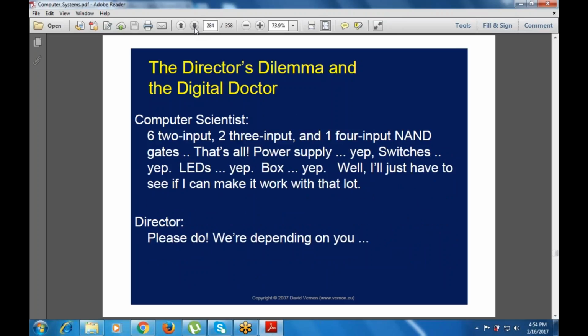Now there are 6 2-inputs, 2 3-inputs, 1 4-input, 9 gates, and that's all. The power supply, switches, LED, box. Well, I will just have to see if it can make it work with that.